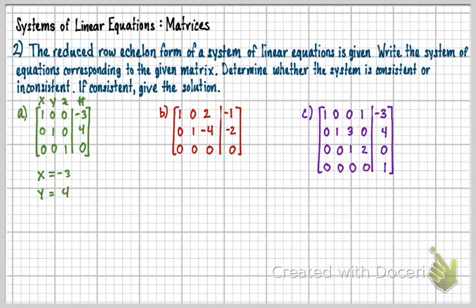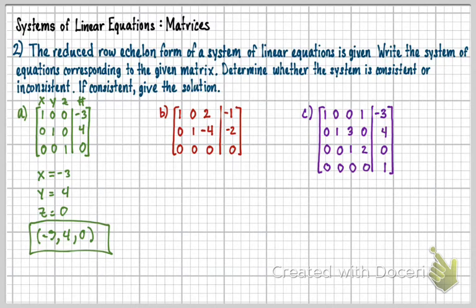And for the last one, we get a 0x and a 0y plus 1z, and that equals 0. So that's my actual solution to this. This would be the 3-tuple, as they call it: -3, 4, 0. So that's what we end up with for an answer for this one, if we wanted to write it as a point.